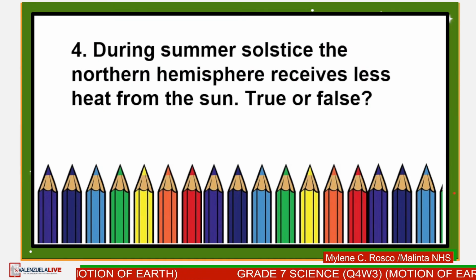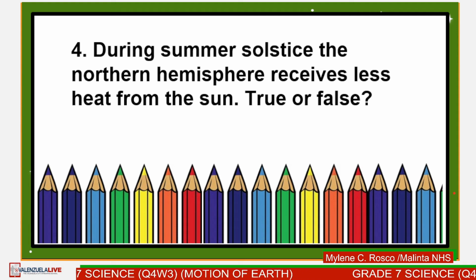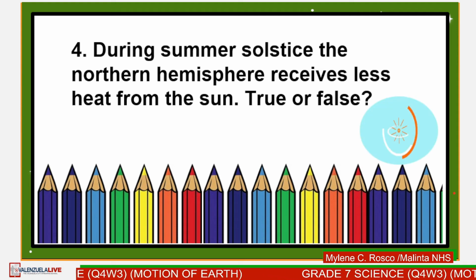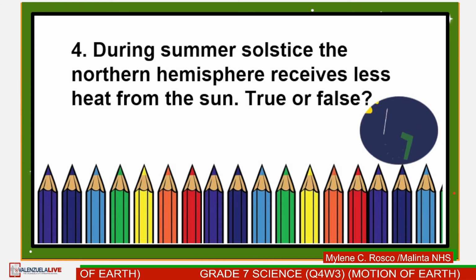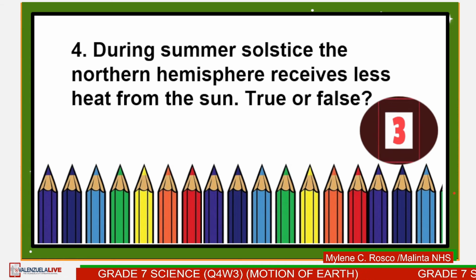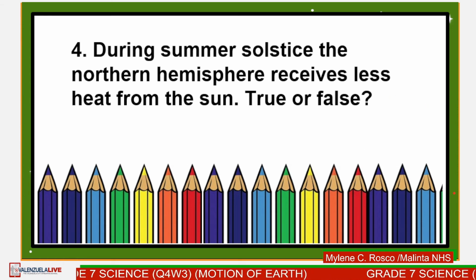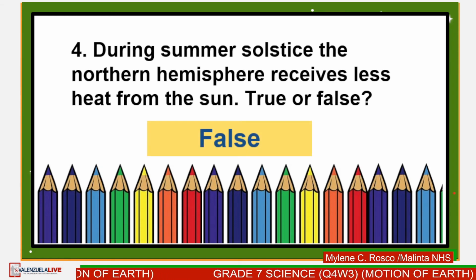Next, question number 4. During summer solstice, the northern hemisphere receives less heat from the sun. True or false? The correct answer is false.